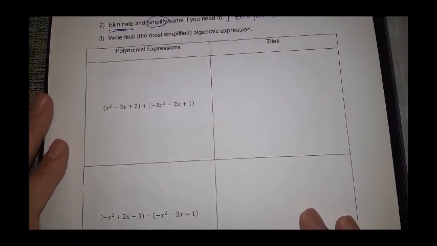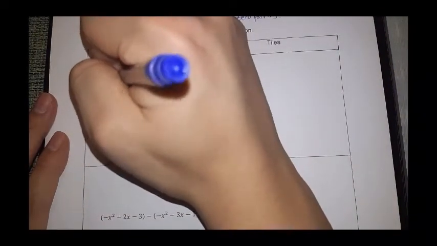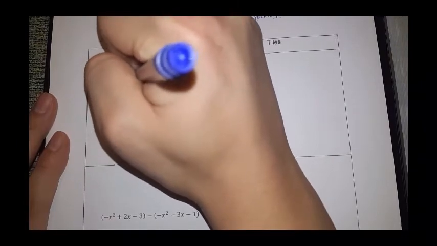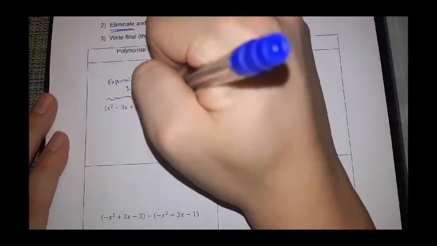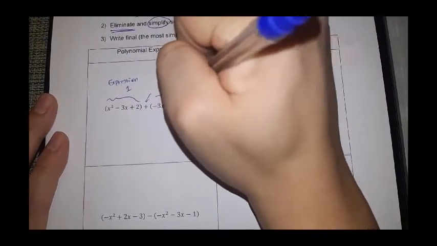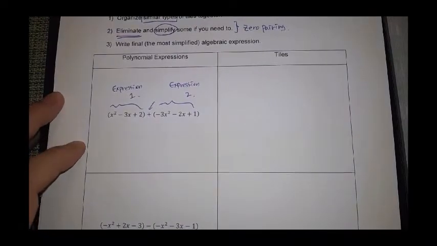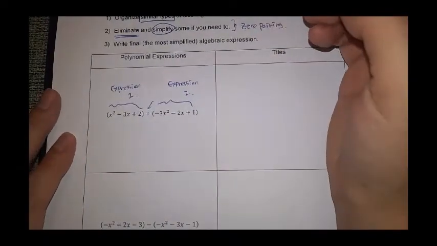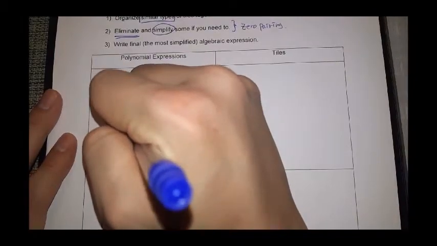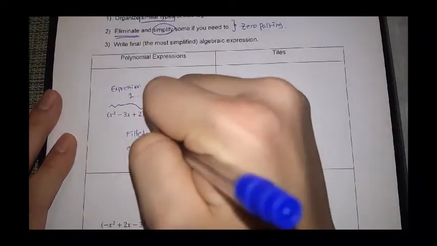So let's go through a quick review first. When we are adding something, we are just combining expression 1 and expression 2. We're combining these together. You don't need to think about charges, except that when it comes to filled tiles, you can always consider that as negative, and empty ones as positive.